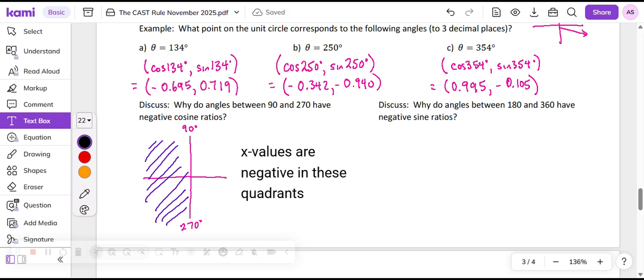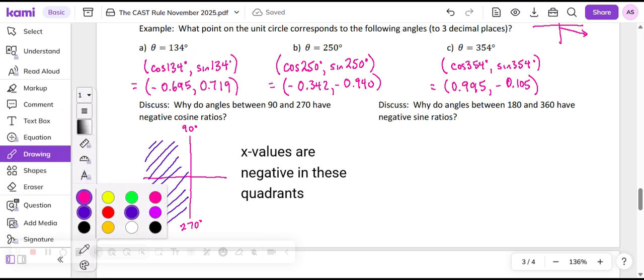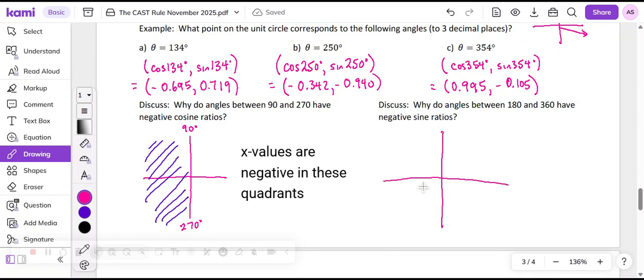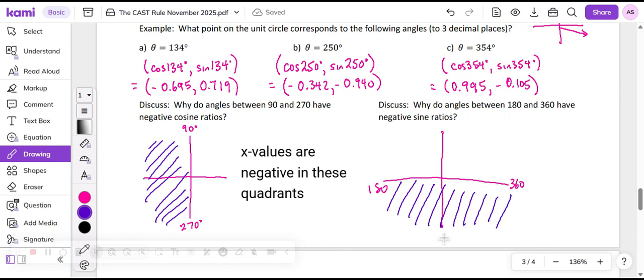And it's the same thing, in a different way, for angles between 180 and 360. So let's draw a similar diagram on the other side. So 180 is here, 360 is here, and any angle between those two is going to have a negative sine ratio.